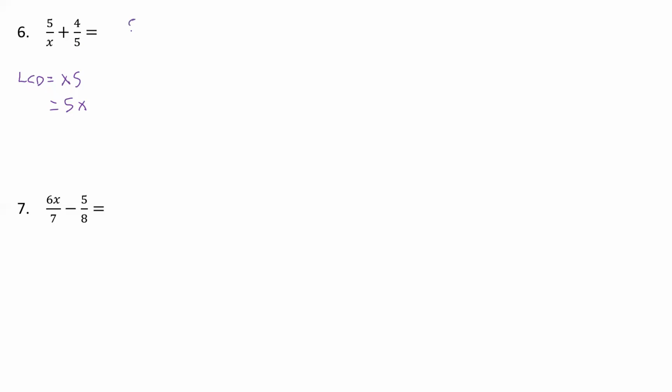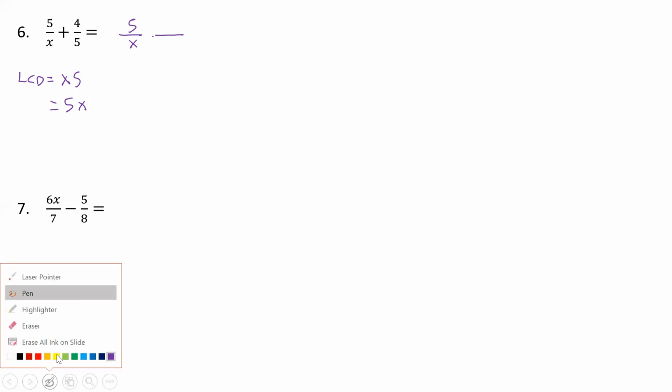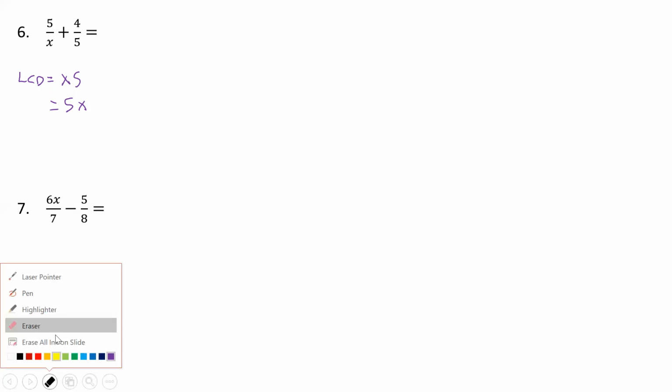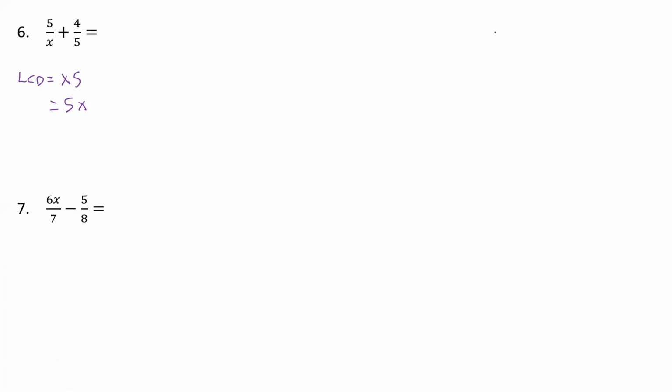All right, so now we have 5 over x times what is going to give us. Now this one maybe what we'll do is, let's do it over on the side there. We'll rewrite this and we'll put the actual fractions after we've got them to be equivalent. So we have 5 over x, and we have to multiply by something over something.